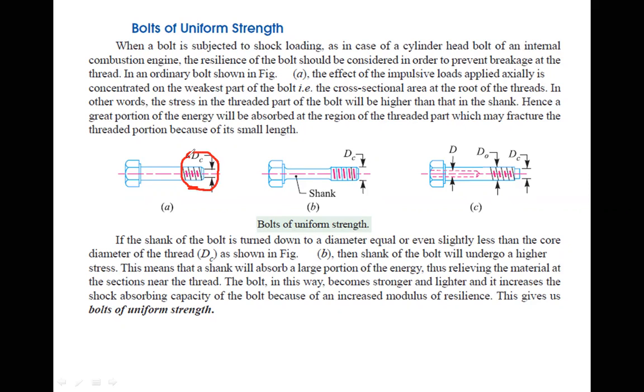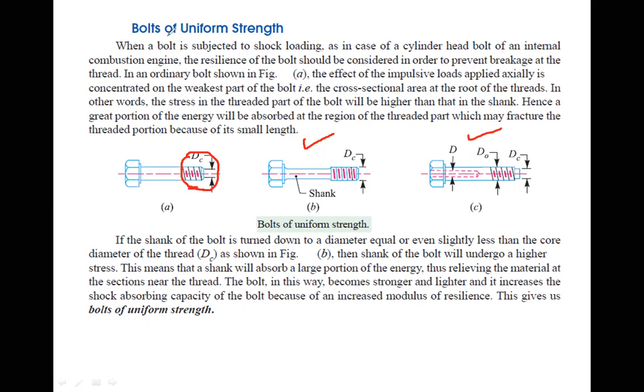How can that be possible? It can be done by using two methods. That is called a bolt of uniform strength. We have to keep the bolt with uniform strength all over its shank and threaded part.